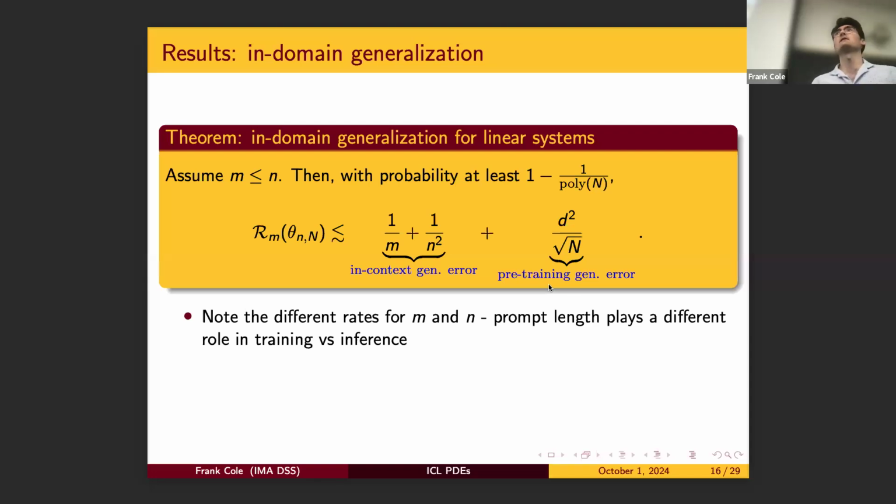So it's not clear if these other models that you mentioned could perform in-context learning. I think there has to be some kind of non-local mechanism that uses all of the tokens in the prompt. But I think the 1 over m is the rate corresponding to just learning the downstream PDE. I think the second term, the pre-training generalization error, is maybe more specific to the transformers.